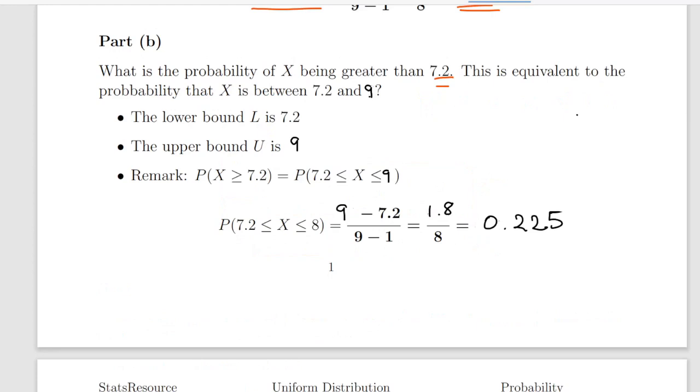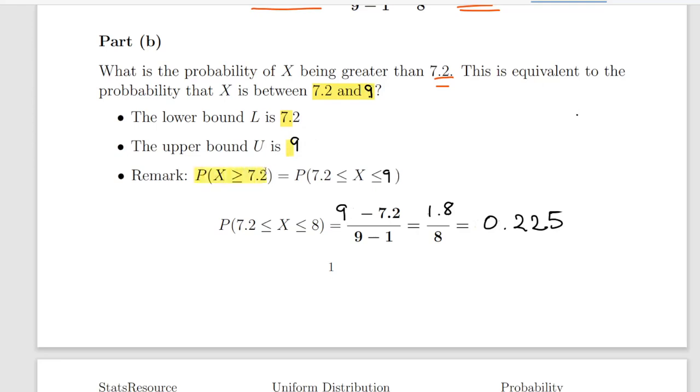So here we have the second question. I just paused it very quickly so I can correct a mistake there. I forgot to update some numbers. Anyway, what is the probability of x being greater than 7.2? Essentially what we're asking here is what is the probability of x being between 7.2 and 9, because really it cannot go outside that range of values. So again, the lower bound here is 7.2, and in this case the upper bound here is 9.